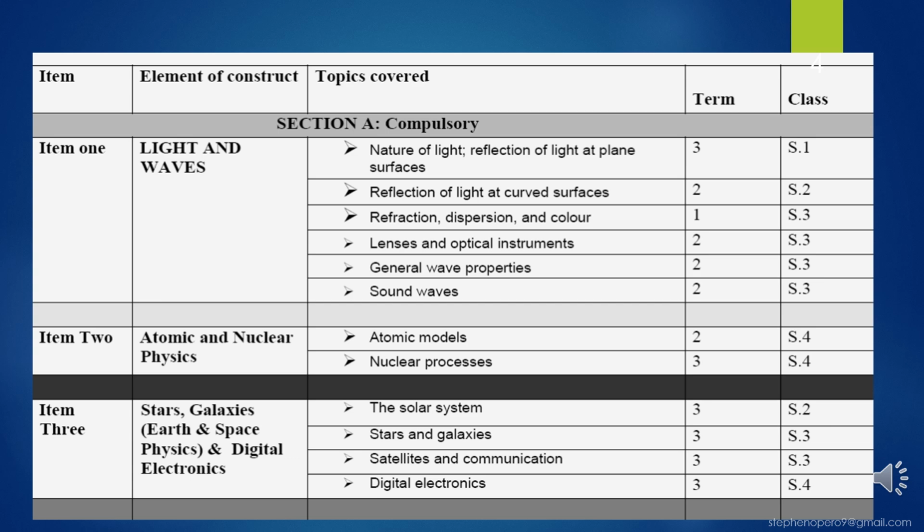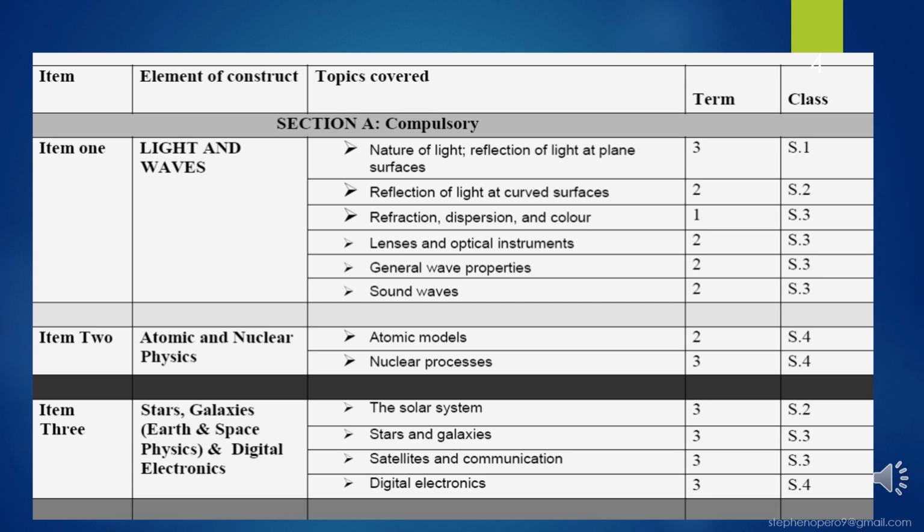All this is covered in senior 4, and by third term we anticipate that the candidate, before sitting for the final end of cycle assessment, must be ready to attempt the item coming from this area.